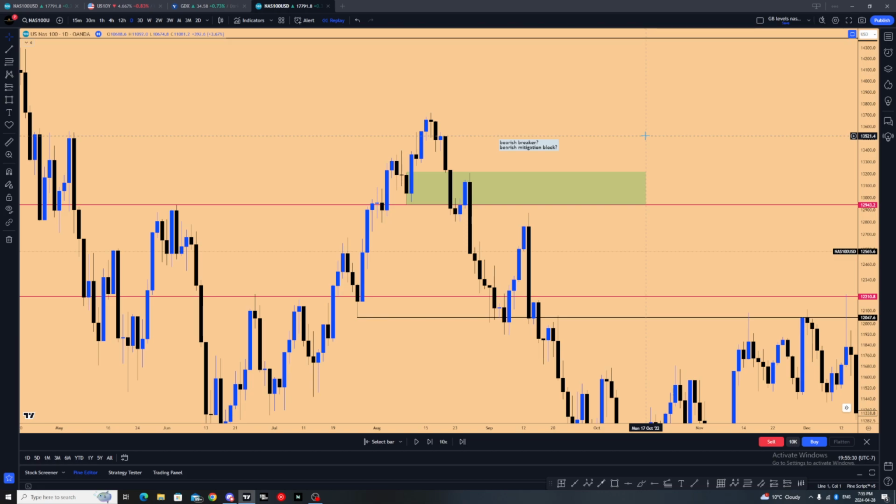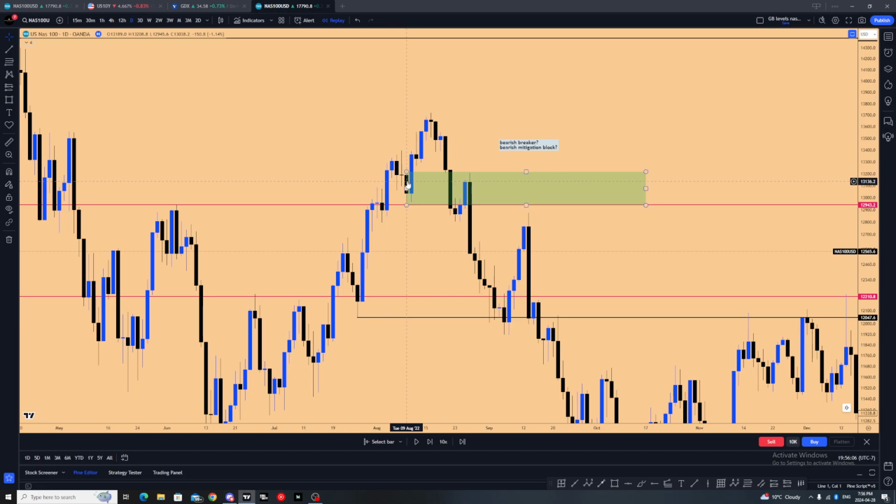Let's just say mitigation. The one I've highlighted, 9th August.